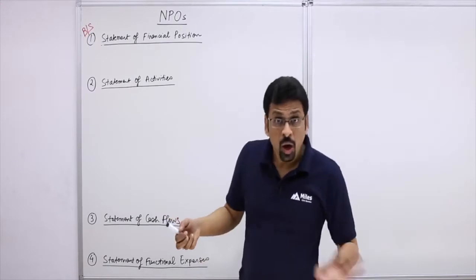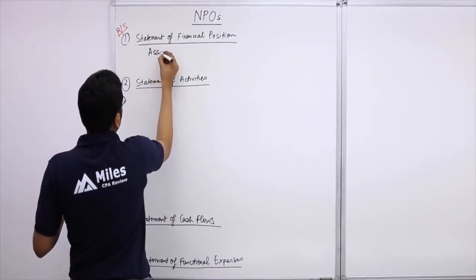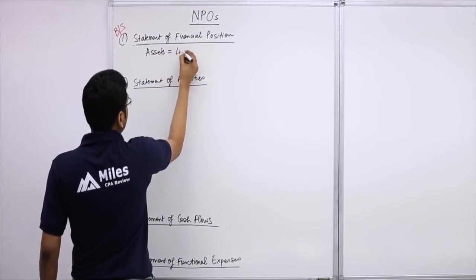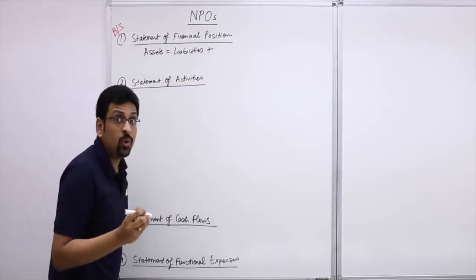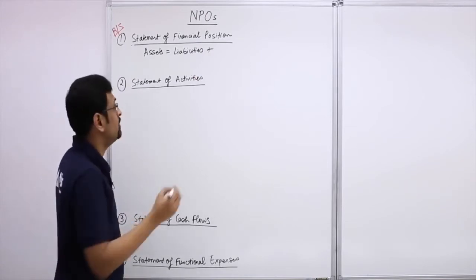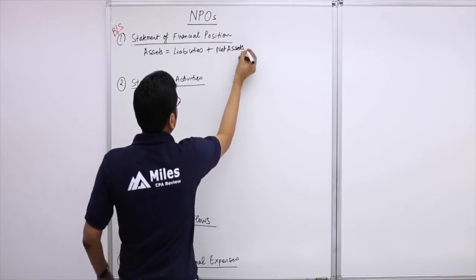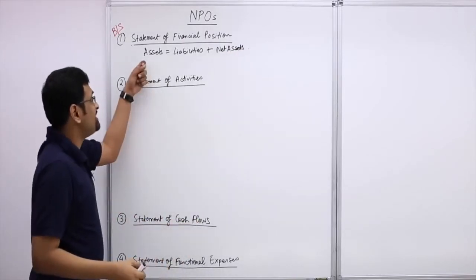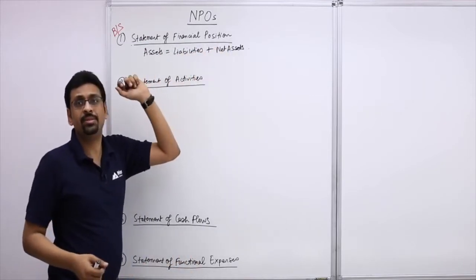Here again, we're going to have assets of the not-for-profit organization, which is equal to liabilities plus not equity. We're looking at net assets here. So you have assets equal to liabilities plus net assets.